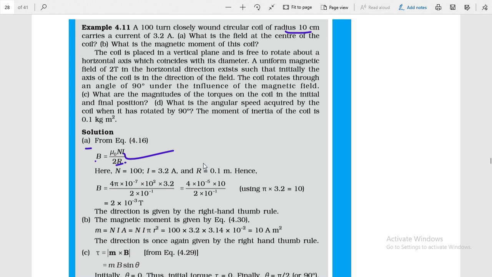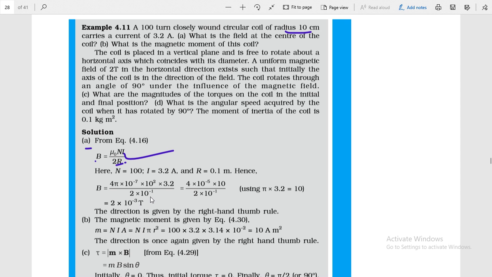you will get the value of mu naught as 4 pi into 10 to the power minus 7, the value of N is 100 and I is 3.2, divided by the radius, that is 0.1 meter.